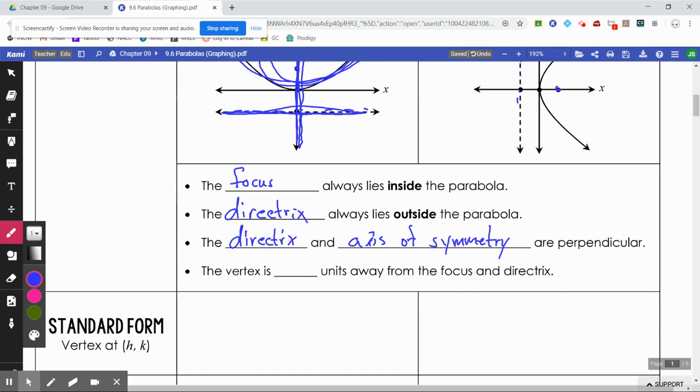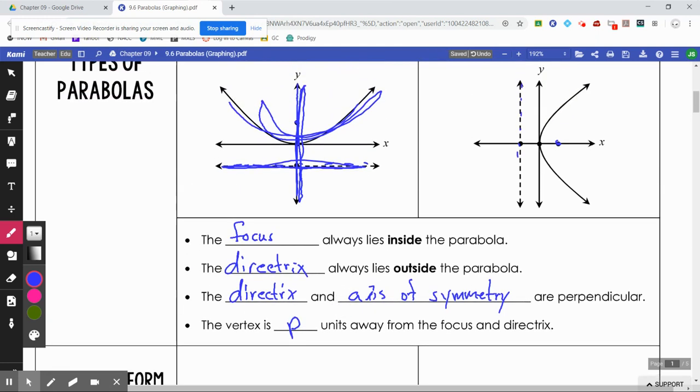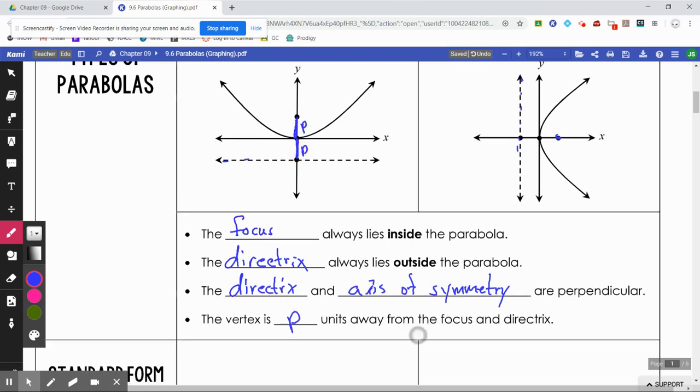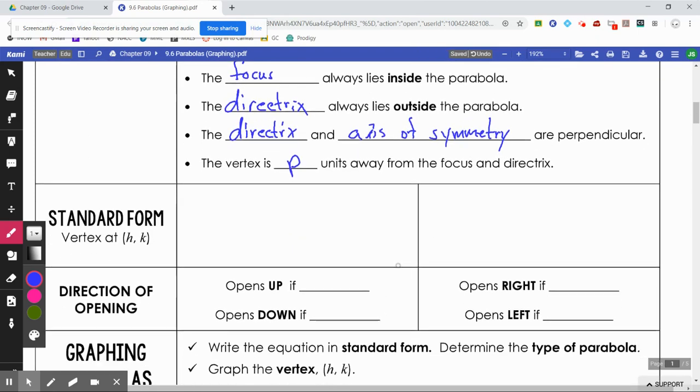The vertex will always be p units away from the focus and directrix. We understand that distance because the distance from the focus to the parabola and the directrix to the parabola is going to be the same. So the distance from here to here has to be the same as from here to here. We call that distance p, and you'll understand why when we see the formula.